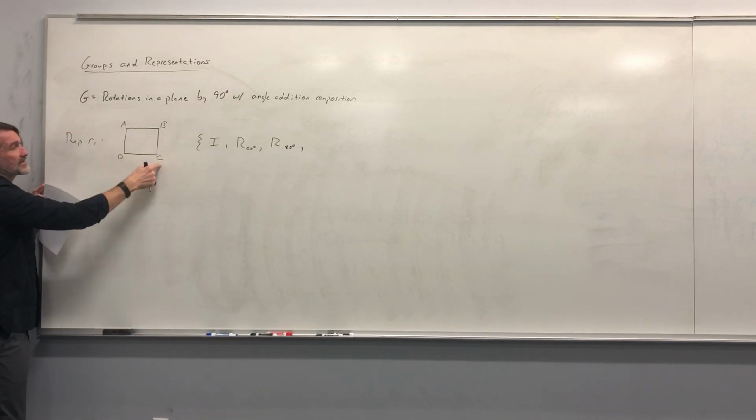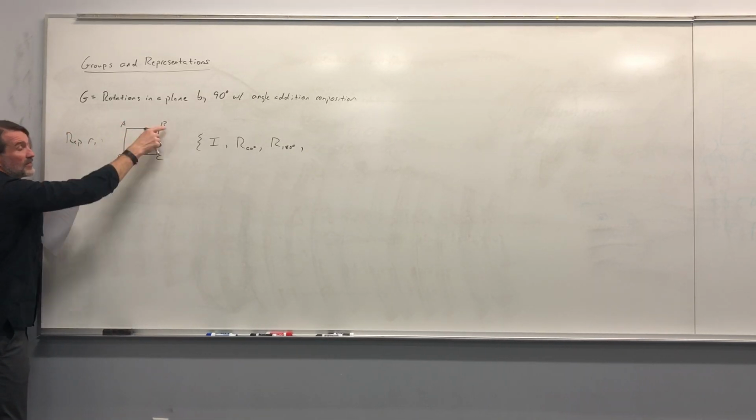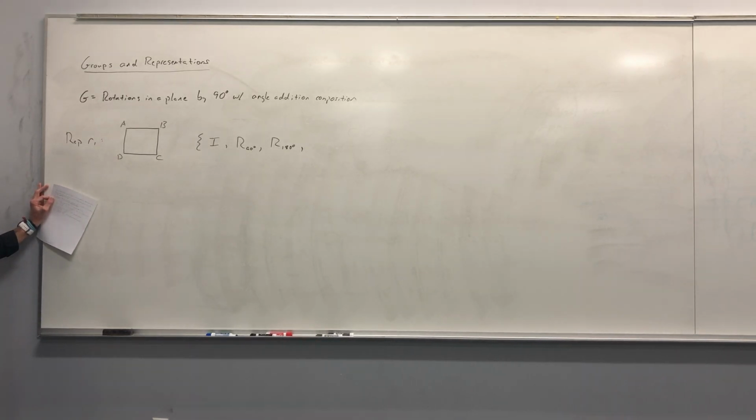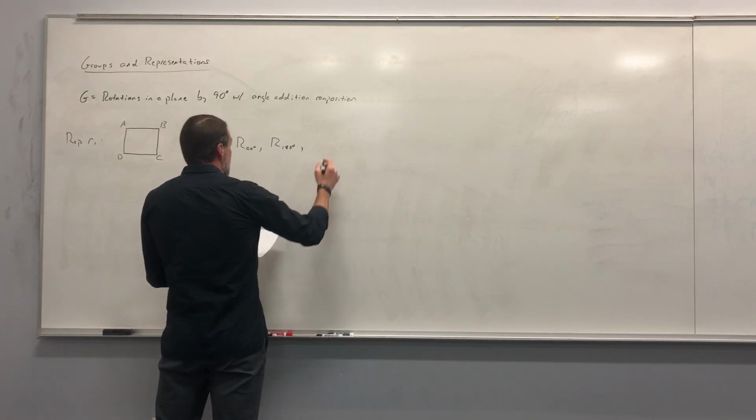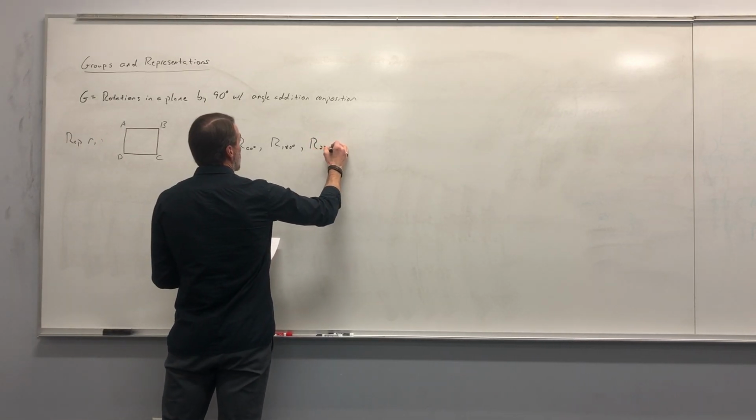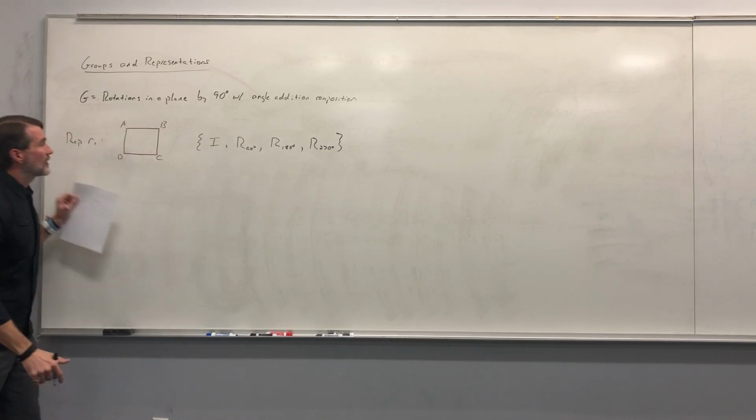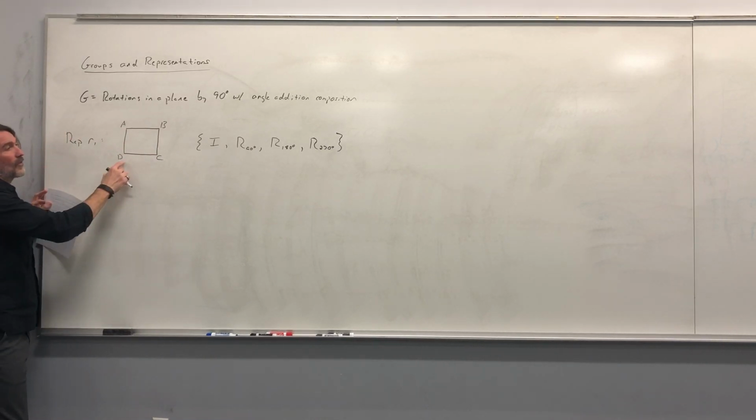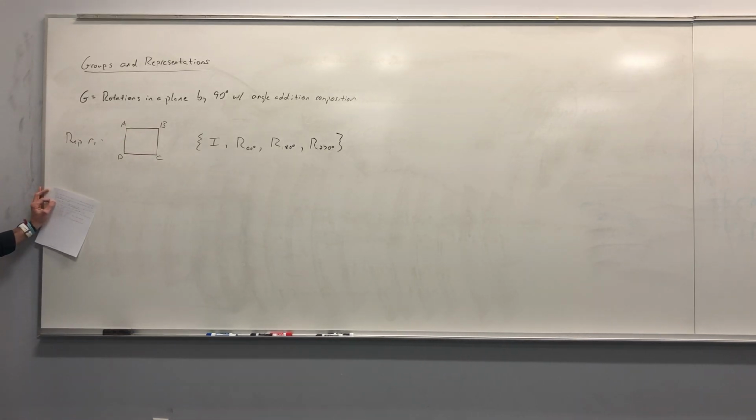That will take A to C, B to D, C to A, and D to B. Okay? And that will obviously look different than what I started with. And then last but not least, I can do a rotation by 270. So R270 will of course take A to D, et cetera, and that will look different than what I started with. All right? So this is one representation of the group. Make sense?